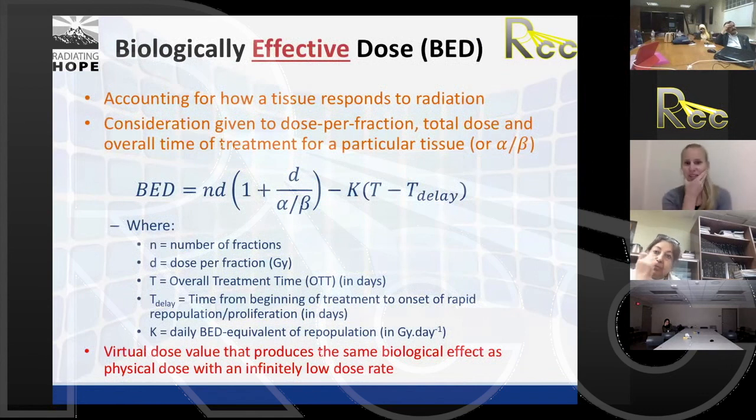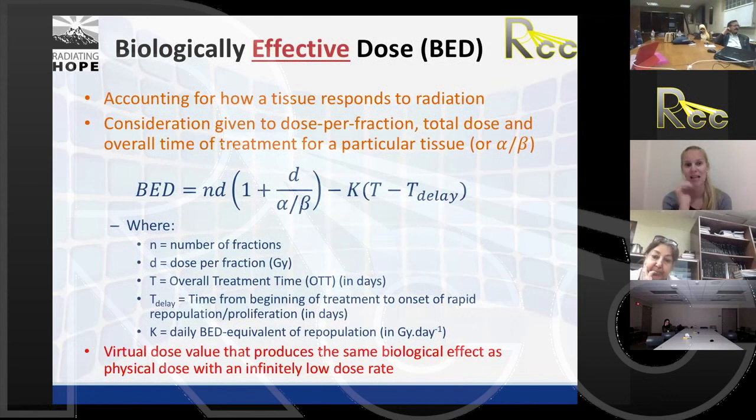So this brings us on to figuring out, okay, we know we need to fractionate some treatments, but we now need to figure out exactly how much dose we're supposed to be giving our patients and in how many fractions we're going to be treating them. So this is when we start to look at a thing called a biologically effective dose, or BED.